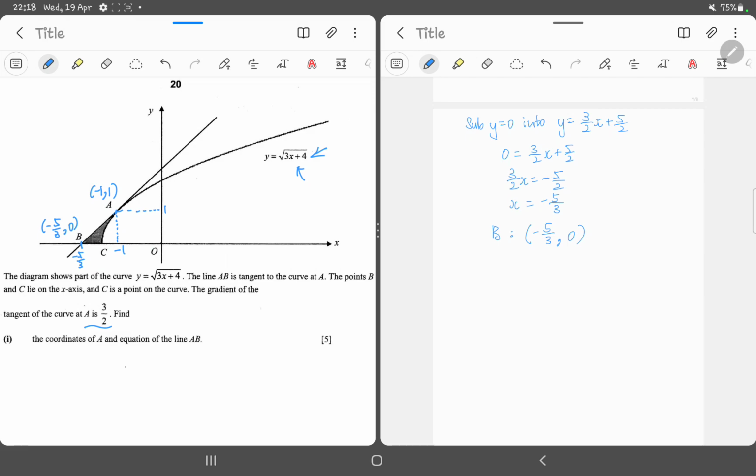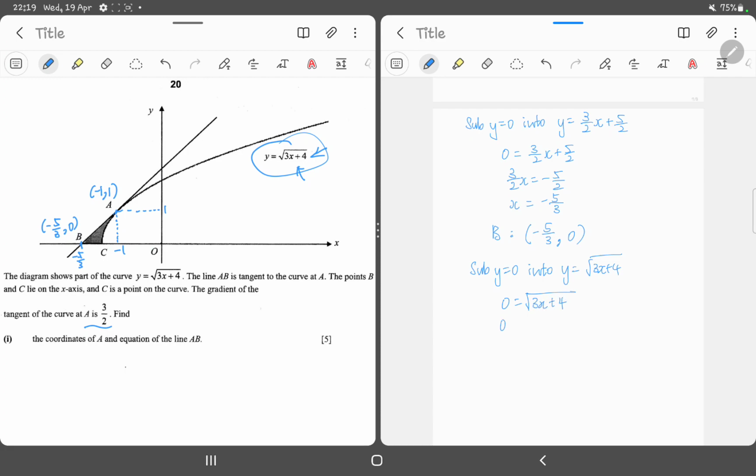Now to find the coordinates of point C, point C is on the curve and on the x-axis, meaning it's where the curve y equals square root of 3x plus 4 cuts the x-axis. So substitute y equals 0 into the curve. We get 0 equals square root of 3x plus 4.